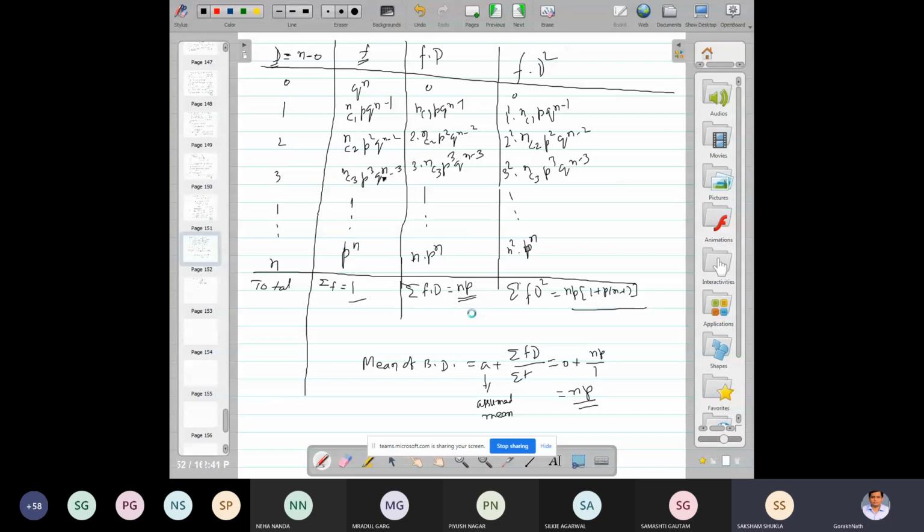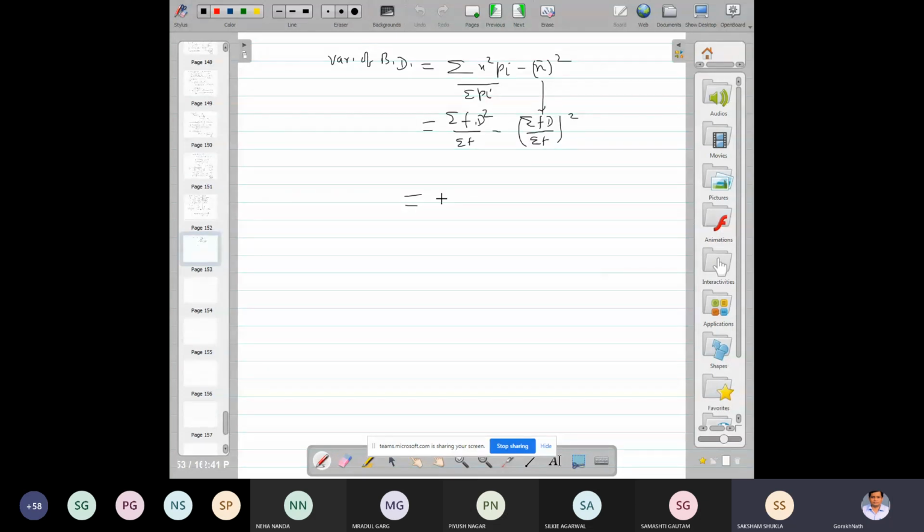So that it becomes np into (1 plus (n minus 1) p), this term's value, minus the mean square, so (np) whole square. Then this is equal to, now see np is common, so np common, then (n minus 1) p plus 1 minus np.